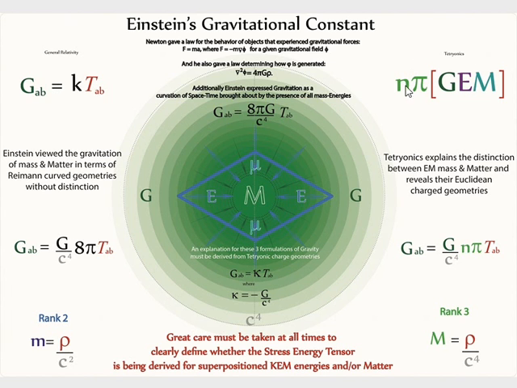This can all be redefined using Tetryonic geometry to just a total energy geometry that again creates a Gravitoelectromagnetic geometry, or a number of Gravitoelectromagnetic fields, all of which have a net convergent force.